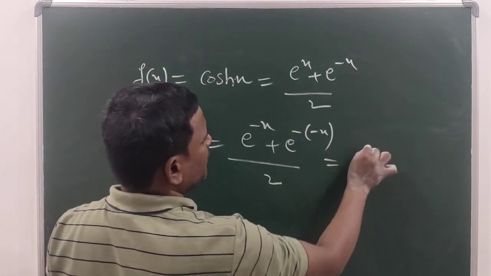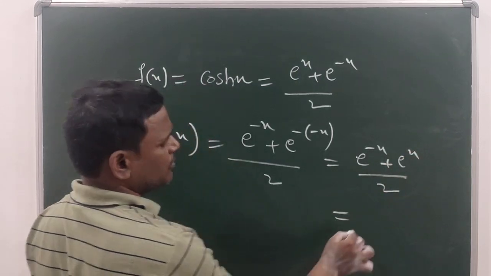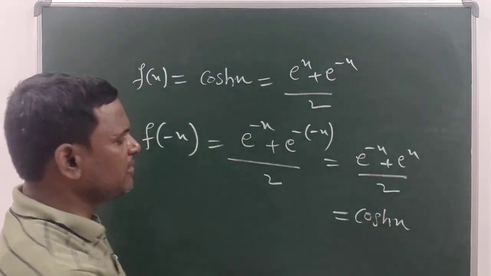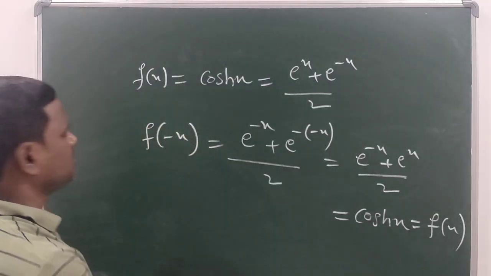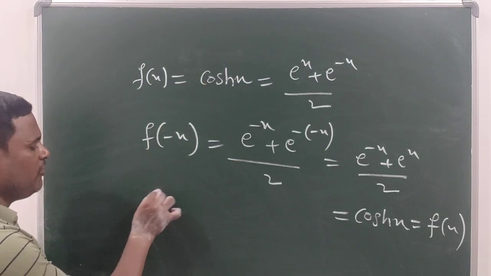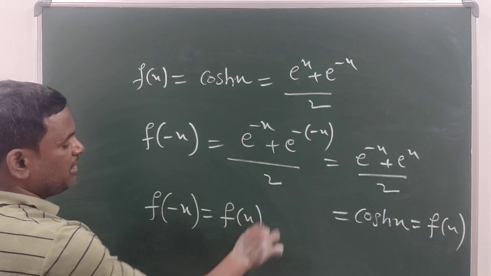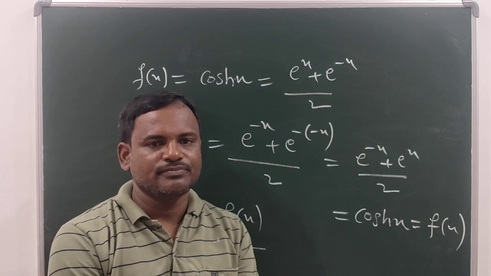Now simplify: e power minus x, e power x by 2. This is equal to cos hx. Again the same function is repeated. Here we have observed f of minus x equal to f of x. Hence it is an even function.